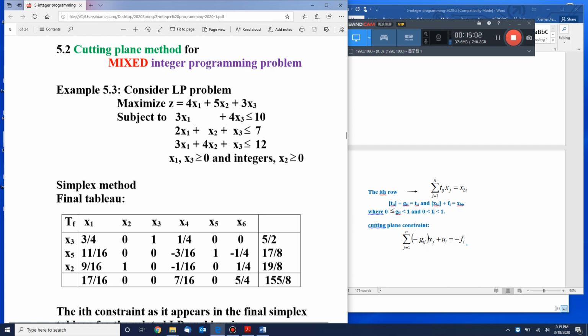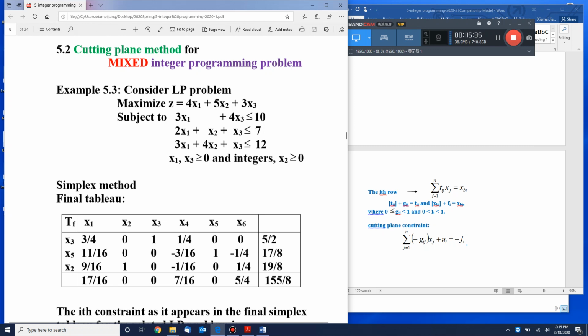Because of this problem, you can actually use the method we talked about for the pure integer programming problem. You could simply choose the first row as the first constraint, and then use the cutting plane to cut the fractional part to make x3 an integer, right?